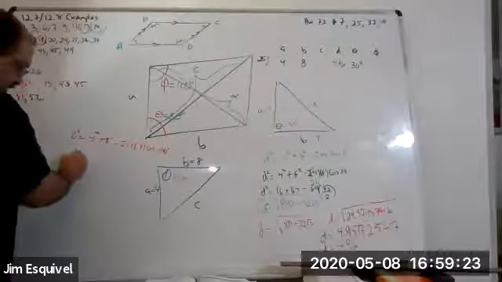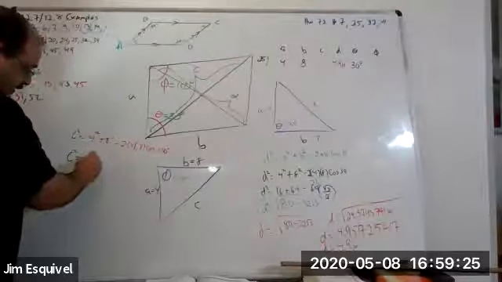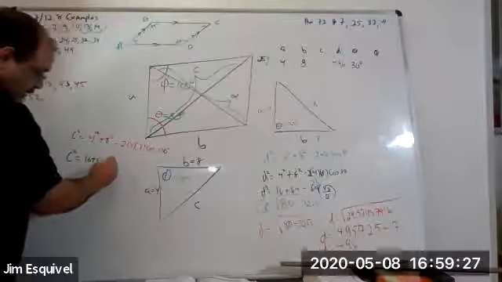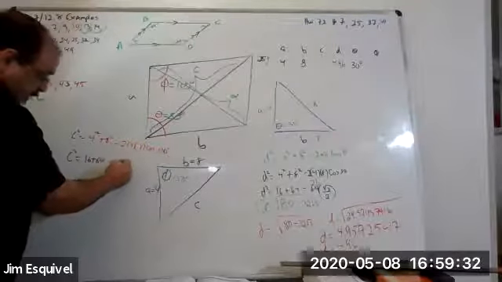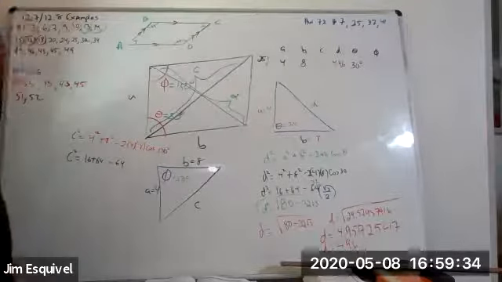C squared equals 16 plus 64 minus 2 times 4 times 8, so 64. Again, here we've got to be careful.